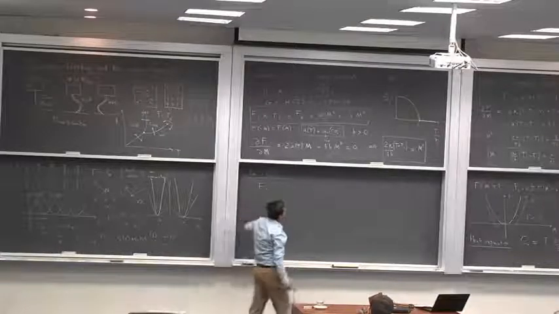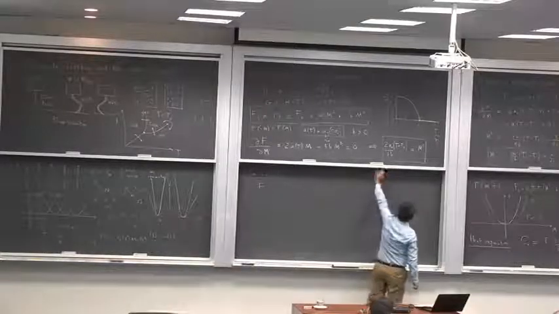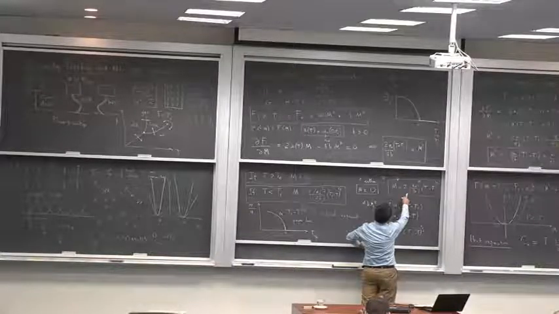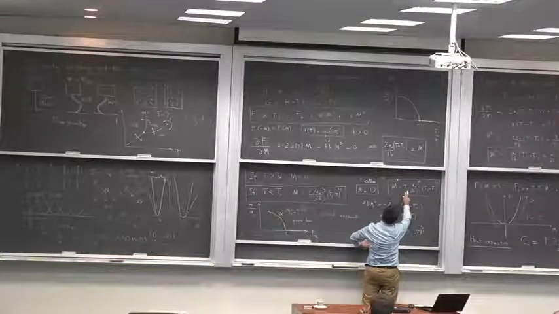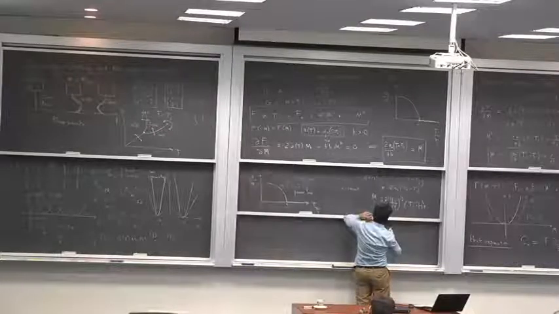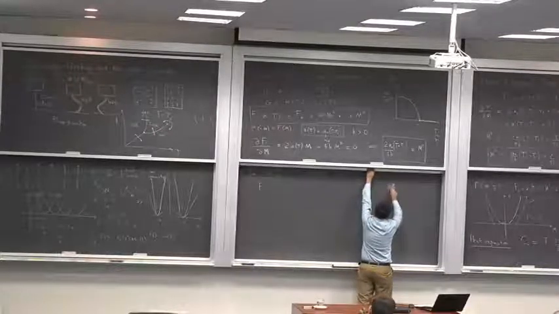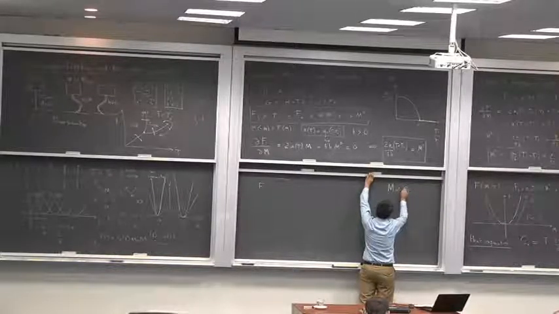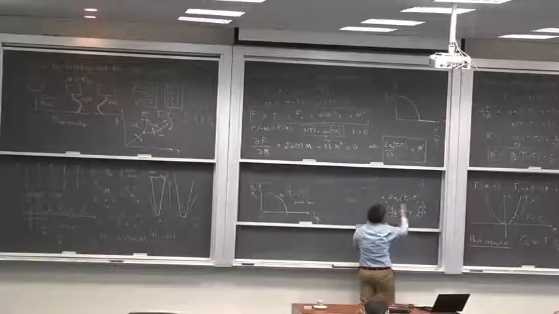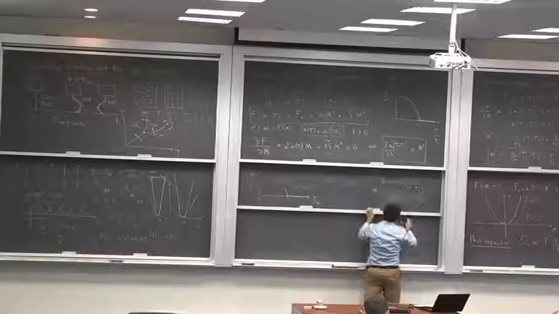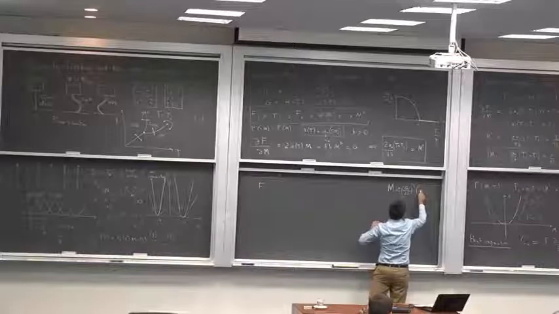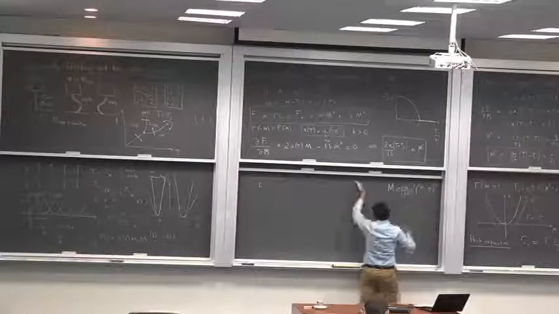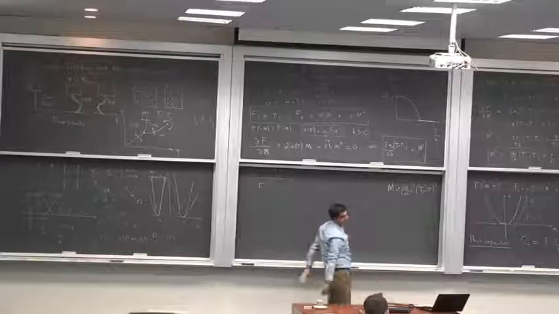And m is given by this thing over here. m is plus or minus the square root of A naught over 2b times Tc minus T. My temperature is below the critical point, so my sample is magnetized.